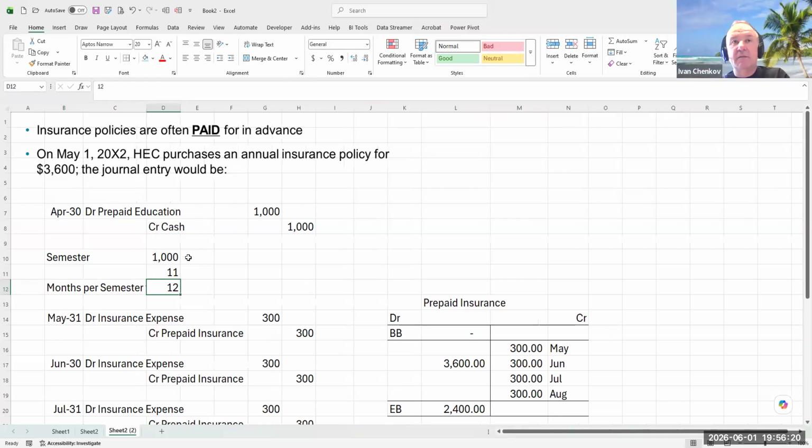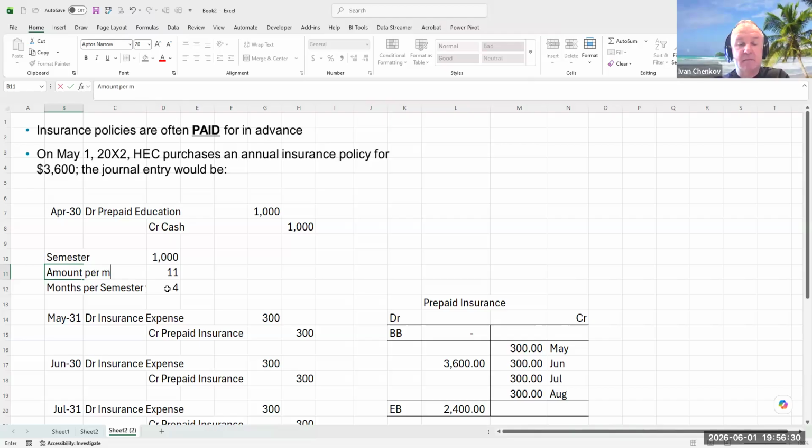It's gonna be 4 months, correct? So how much will be the expense amount per month? 250. Make sense now? So May 31st comes.